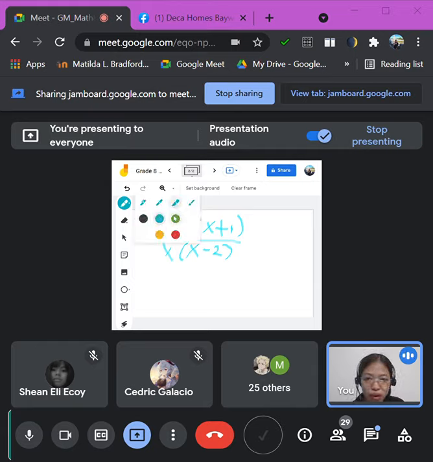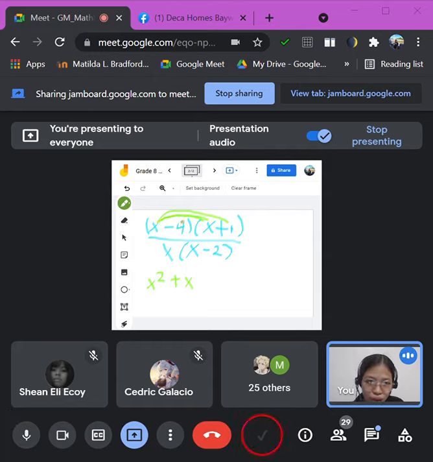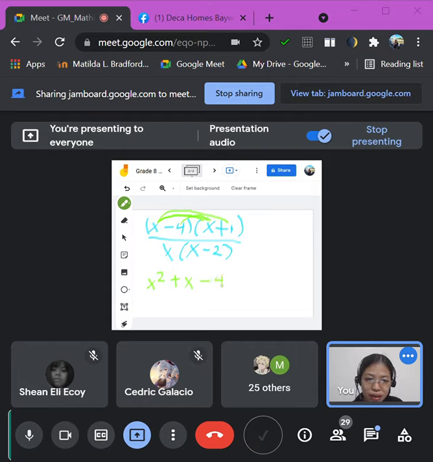So, sa FOIL method, we have the first term, x times x, that is x squared. And then outer, x times 1, that is positive x. Inner, negative 4 times x, that is negative 4x. And then negative 4 times 1, that is negative 4.